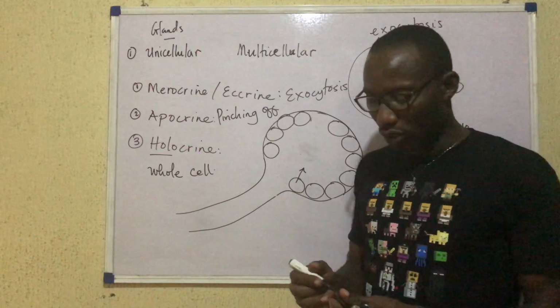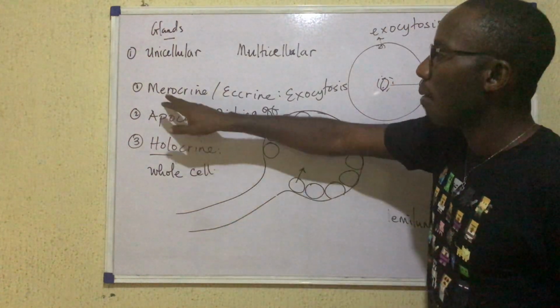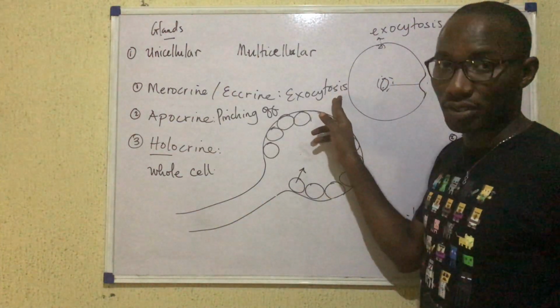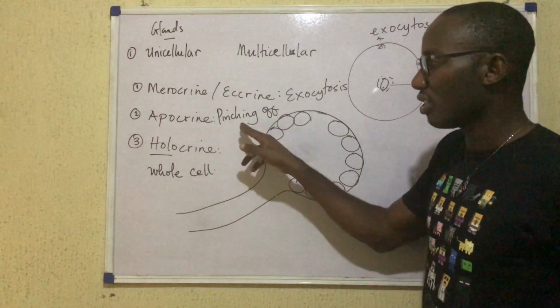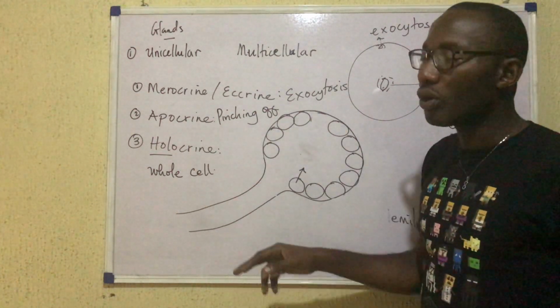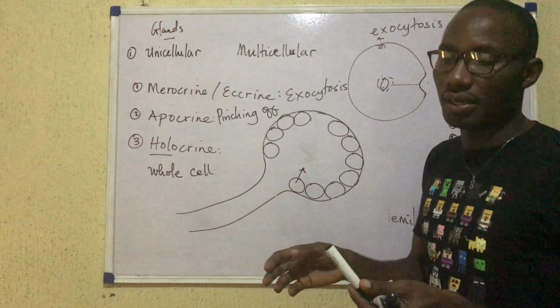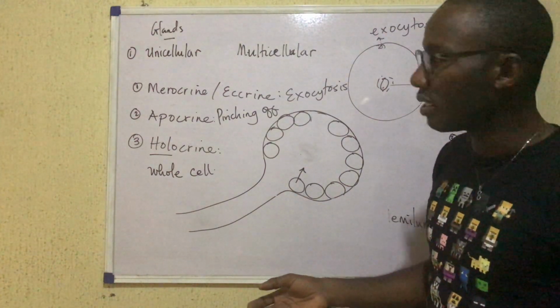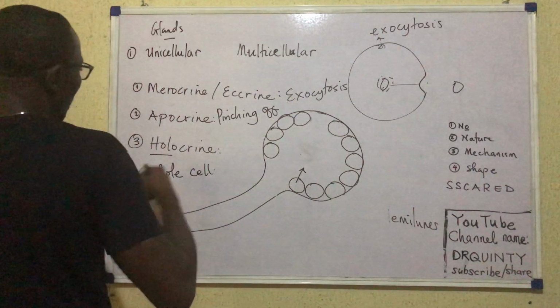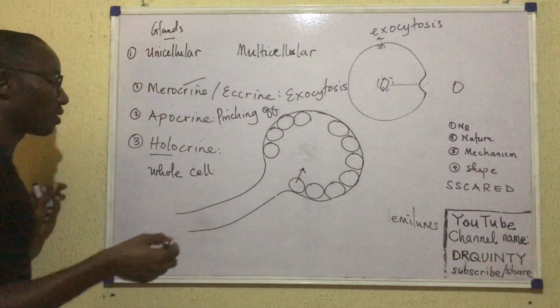All right, so straight to the point. In summary now, merocrine secretion is by exocytosis, apocrine secretion is by pinching off, and holocrine secretion involves the whole cell falling into the lumen and breaking down. Examples of merocrine glands: many of our glands are merocrine. Most glands are merocrine.